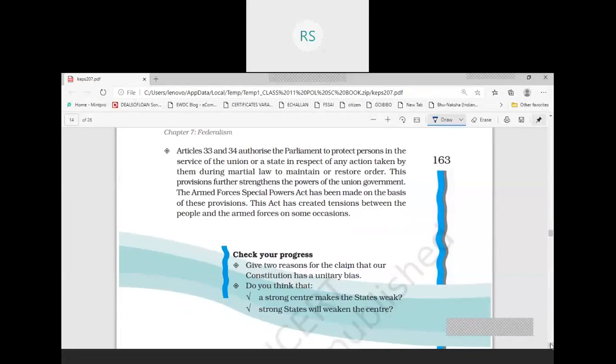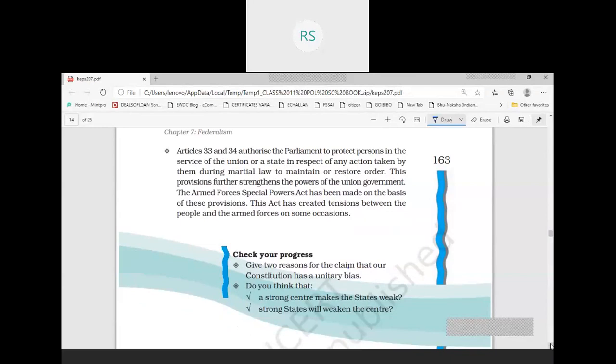The parliament can legislate accordingly, and by the legislation of the parliament, it can restrict the application of fundamental rights of armed forces and paramilitary forces, police, etc. So this limitation on fundamental rights was done by the constitution, because these armed forces, these paramilitary forces, these police, they are serving the nation.